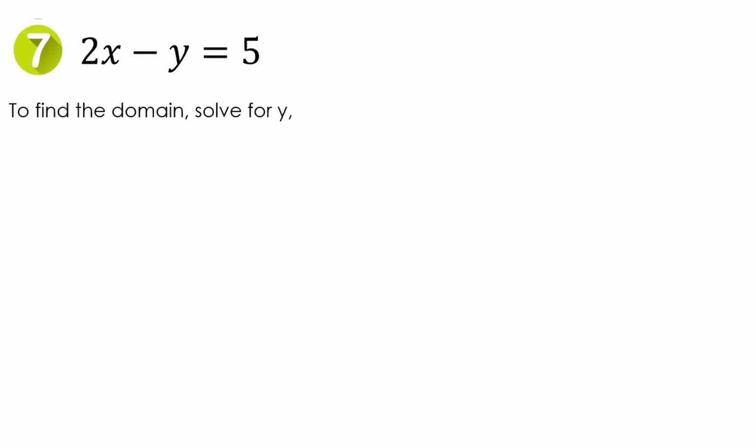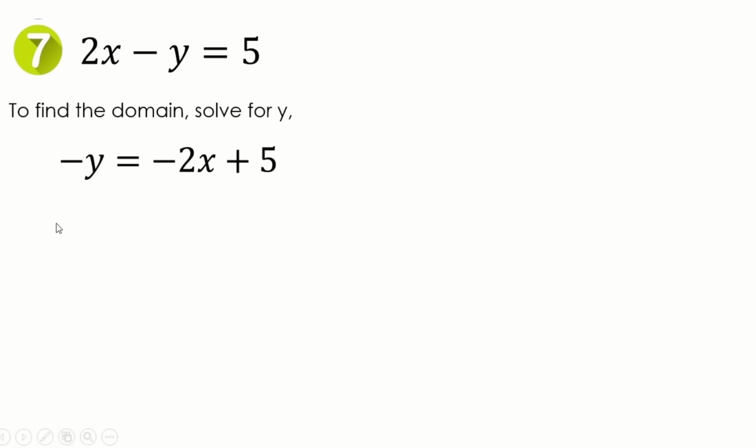To find the domain, solve for y. Kapag hinahanap natin yung domain, isosolve natin yung equation in terms of y. Lipat natin si 2x sa kabila. Negative y equals negative 2x plus 5.